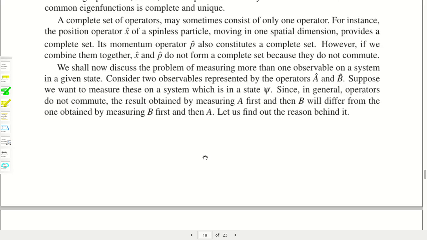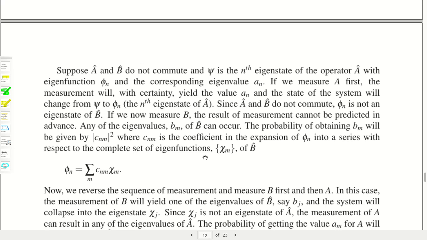Let me explain the reason behind it. Let us suppose first we measure A on the state psi. As I have discussed earlier in the topic of measurement in quantum mechanics, if you operate an operator on a system in a state, the measurement will come out at a definite state.